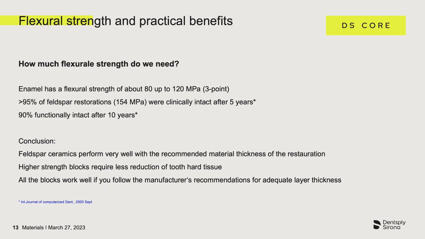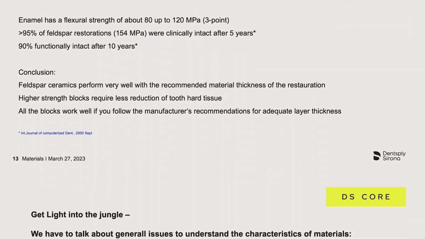Conversely, this means that the harder a material is, the more conservatively we can prepare, the more tooth structure we can save, because we need smaller material thicknesses in order to achieve similarly good clinical success rates. We as practitioners can always be confident that the minimum layer thicknesses specified by the manufacturer will result in a good survival rate of the ceramic.